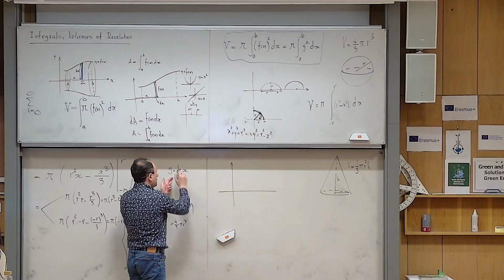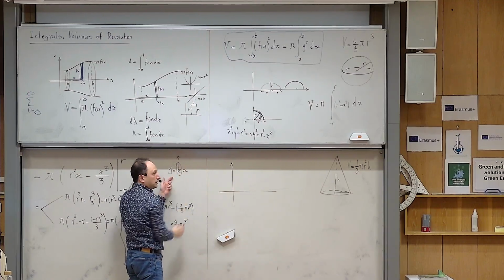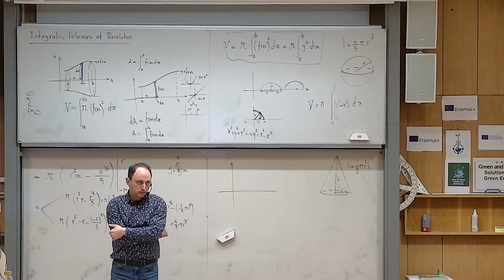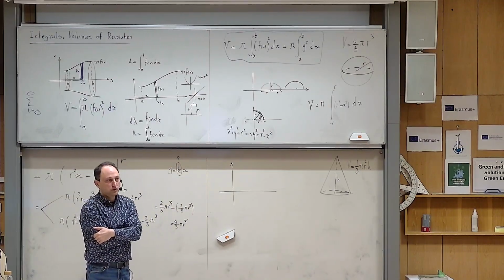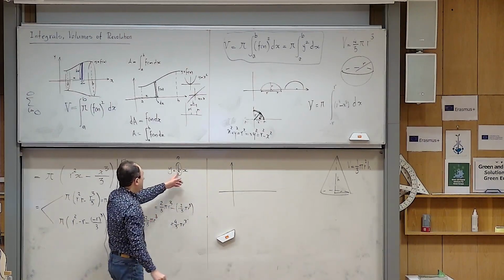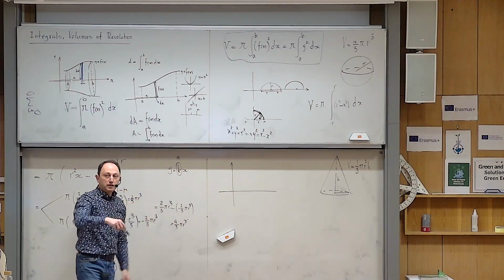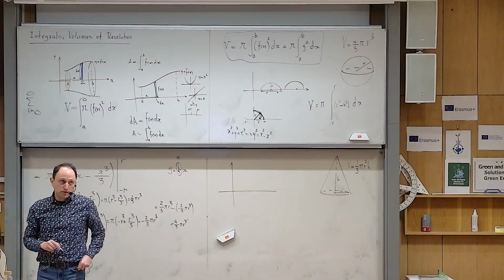I want to fine-tune the k in a way that when I rotate it, it exactly generates my cone. Okay, how do you answer that question? Tell me, what should I choose for k, so that after being rotated, it generates exactly the cone that you see here on the picture?